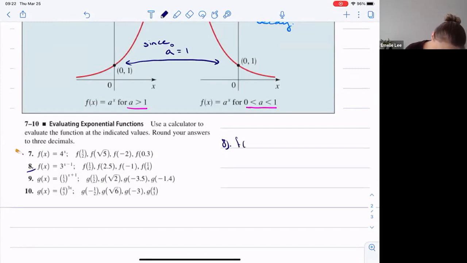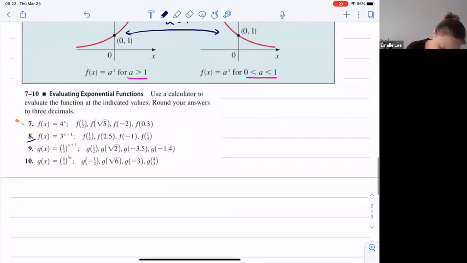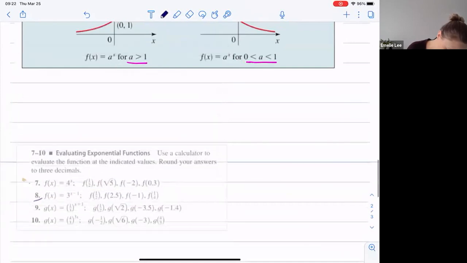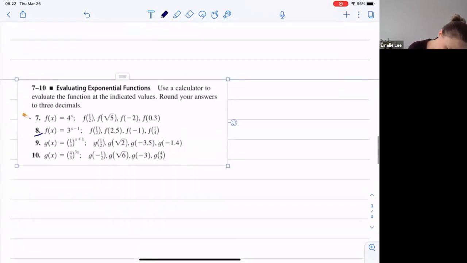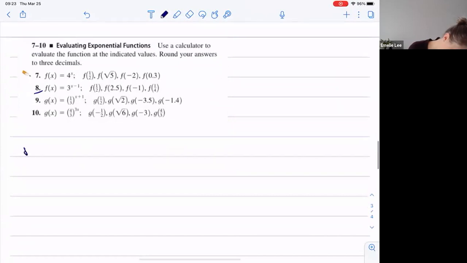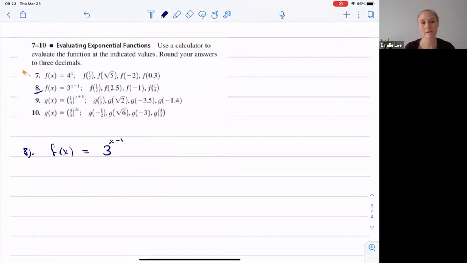So, I should put it on a fresh page here. 8. f of x is 3 to the x minus 1. Okay. We can talk about, well, the base is 3, right? And then the exponent is x minus 1 in this case.